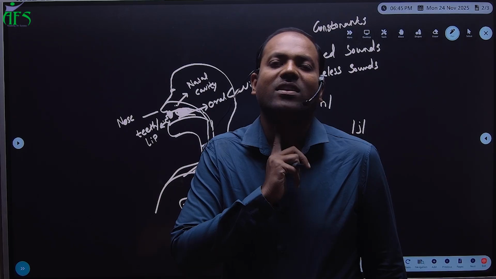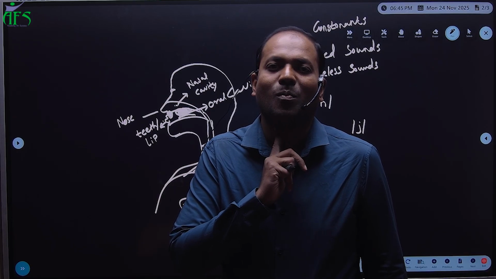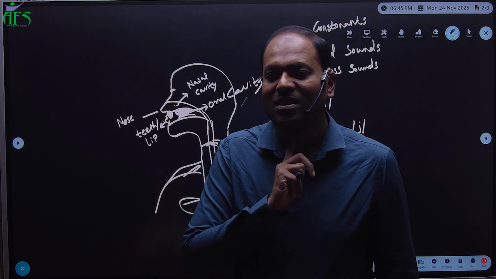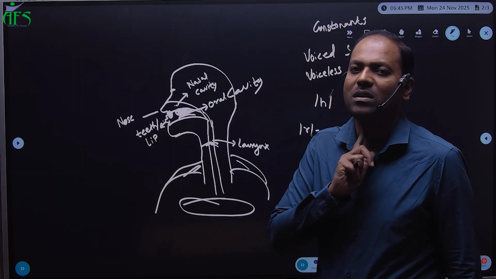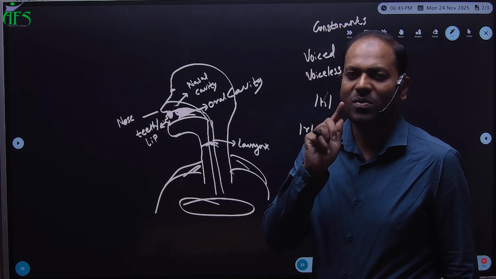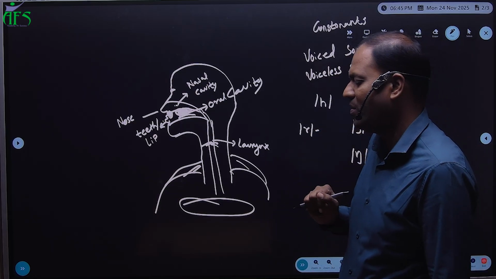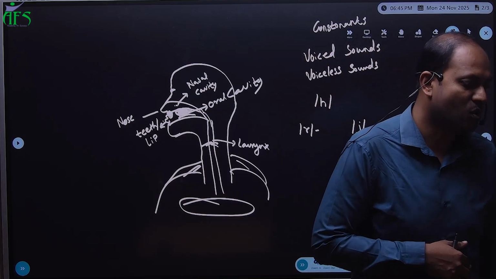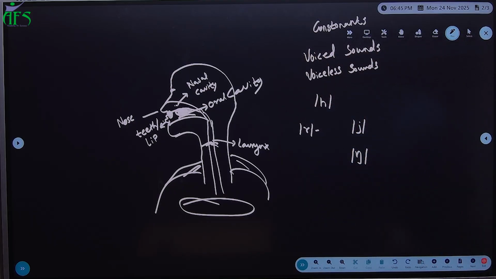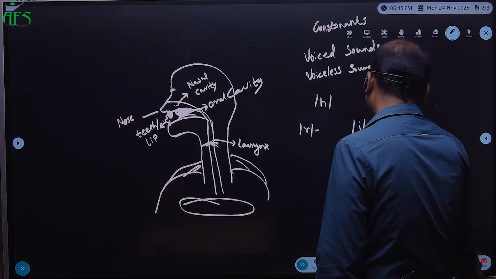The air is thrown out of the cavity by blocking the air in the vocal cords. You can try it. Huh, huh. Otherwise, you will find no obstruction in the oral cavity. That's the glottal sound. Sound h is the only sound in this category.